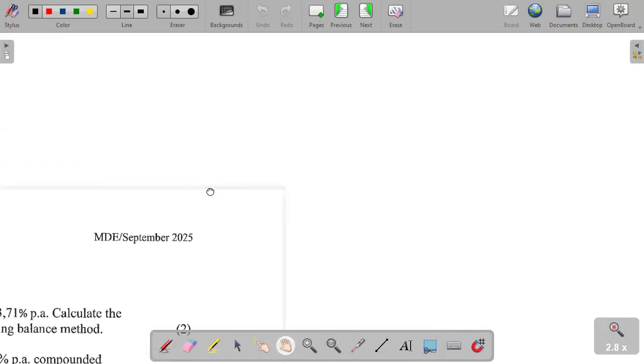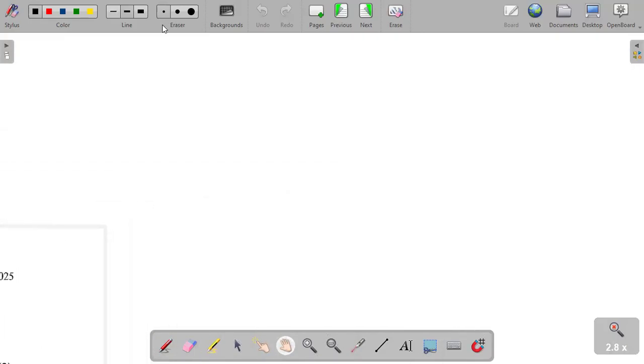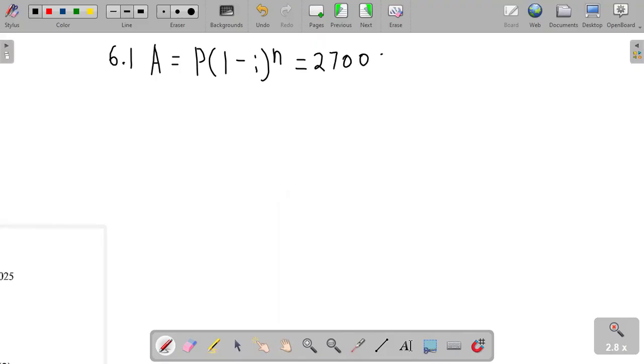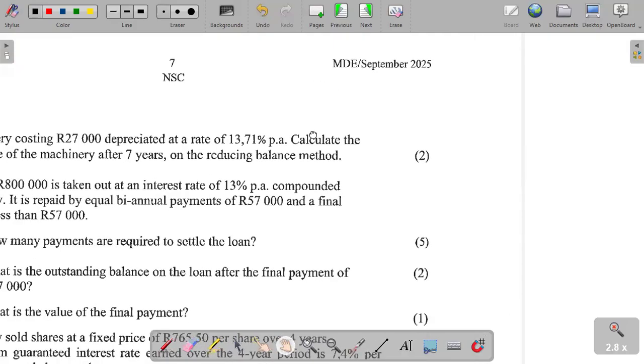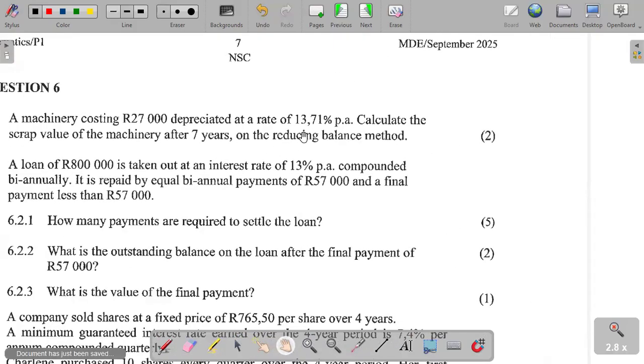Reducing balance method. What is that? On a reducing balance method, so it's gonna be P1 minus I. So it's gonna be 27,000, then they said after 7 years.